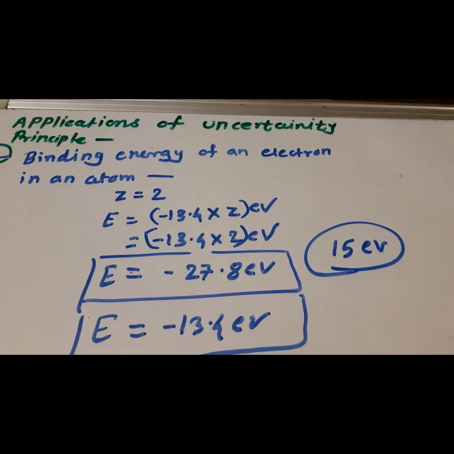How much? Roughly it is 15 electron volt, and hence we can say that the binding energy of the electron of the hydrogen closely agrees with these values. Thanks.